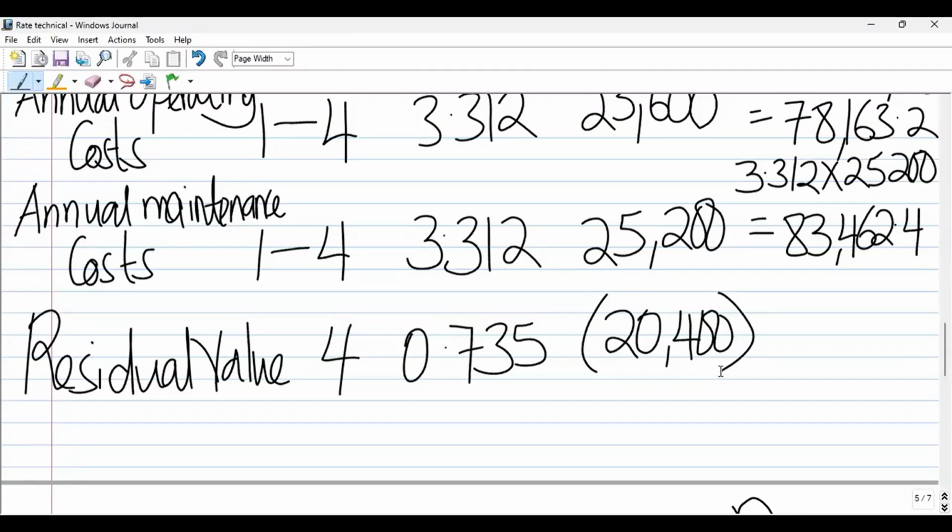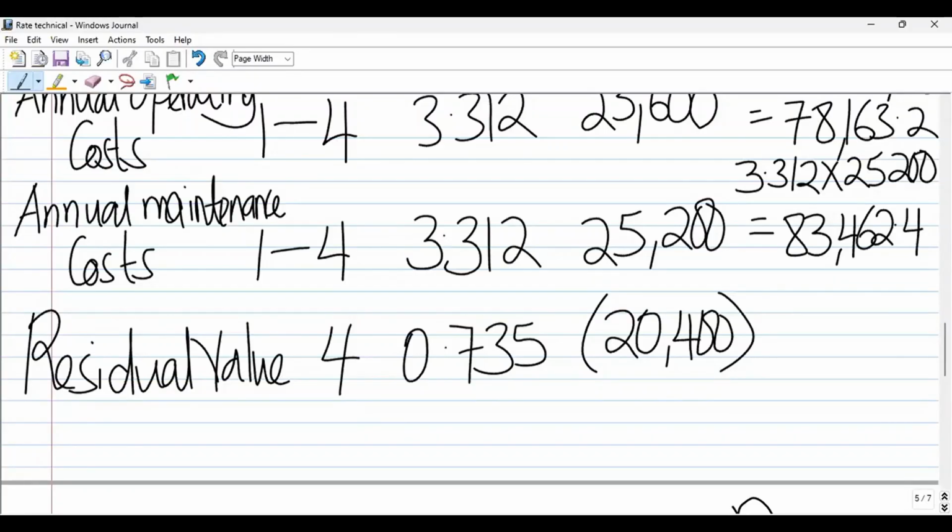So that's why I'm putting it in brackets so that our cost can reduce. A residual value is a cash inflow, and yet we are analyzing life cycle costs. So you treat it as a negative because the expenses here are positives.